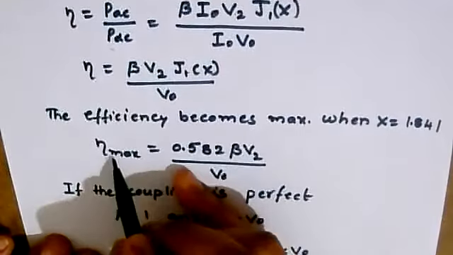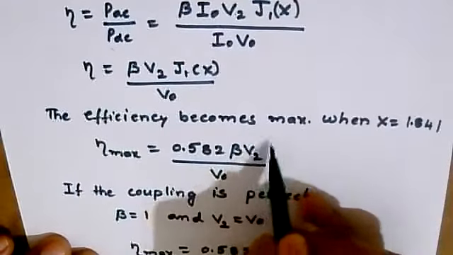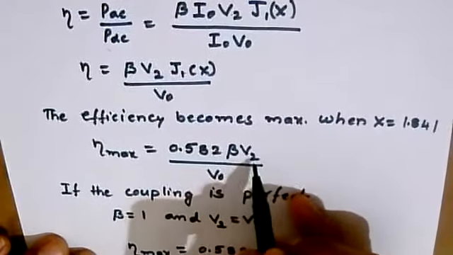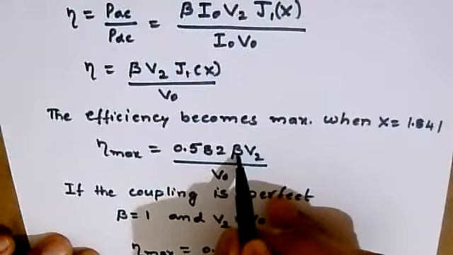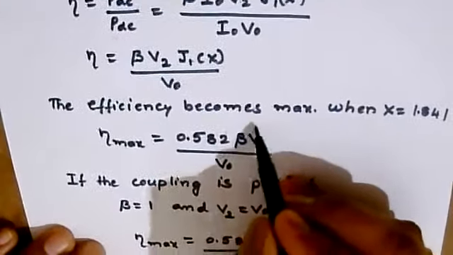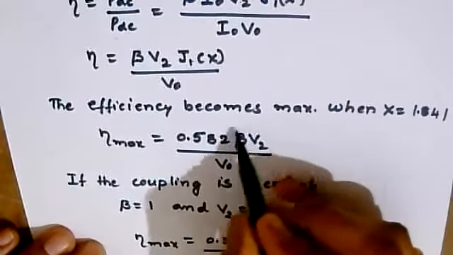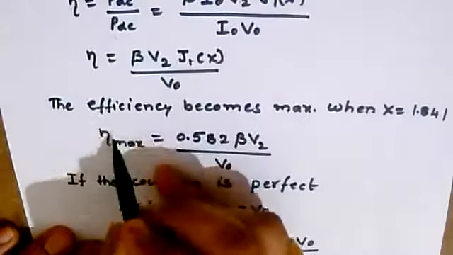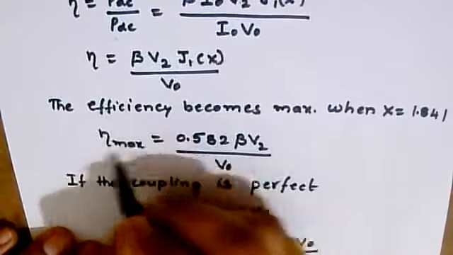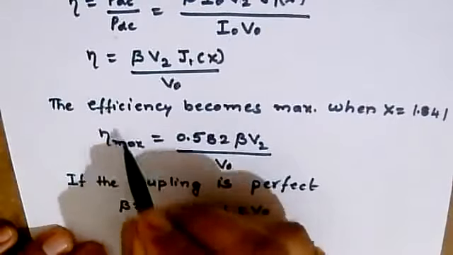To get maximum efficiency, V2 will be equal to V naught, and the coupling factor beta will be equal to 1. Whenever we substitute the maximum possible values of the parameters, the maximum output of that two cavity klystron will be recorded.